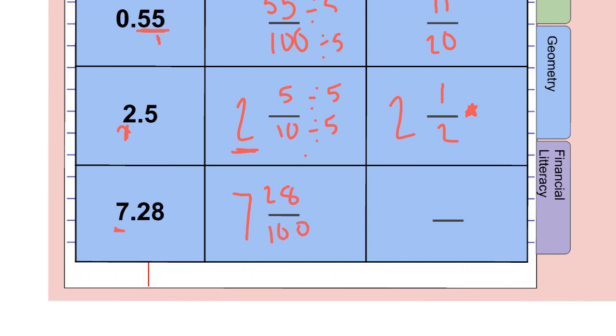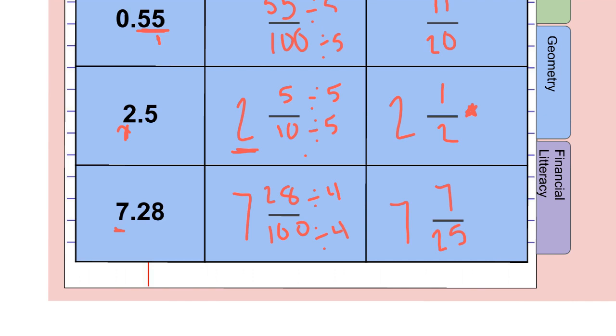Okay, and if we think about 28 and 100, what can we divide 28 and 100 by? Ooh, how about 4? Okay, let's divide by 4. Divide by 4. Okay, 28 divided by 4 is 7. 100 divided by 4 is 25. So we have 7 and 7/25.